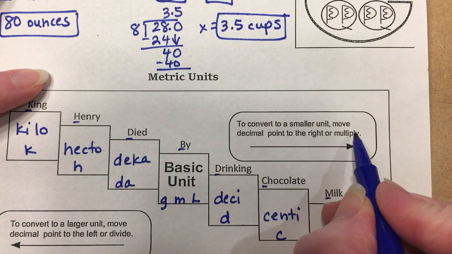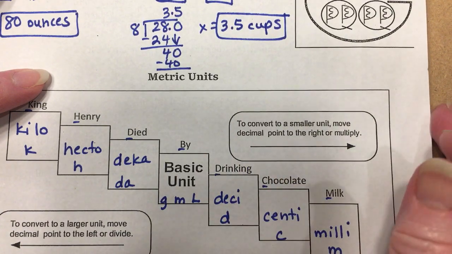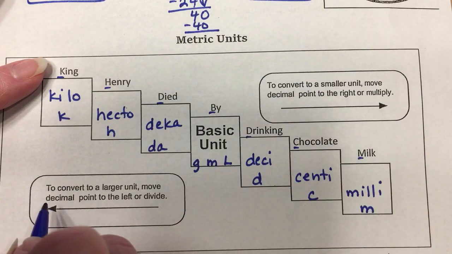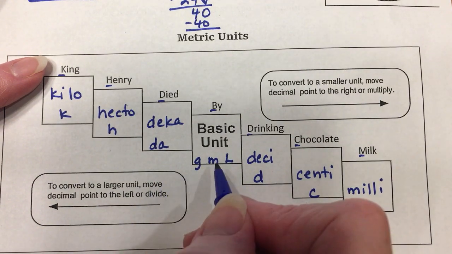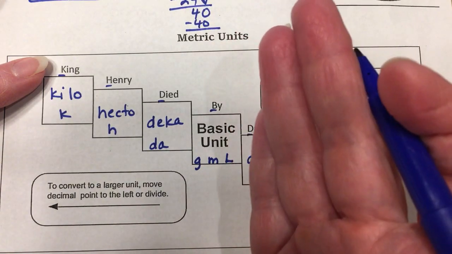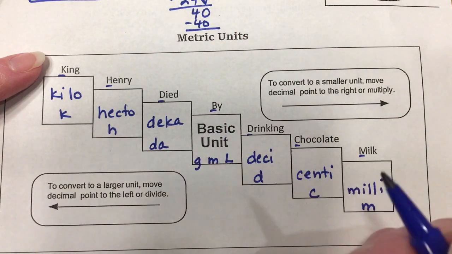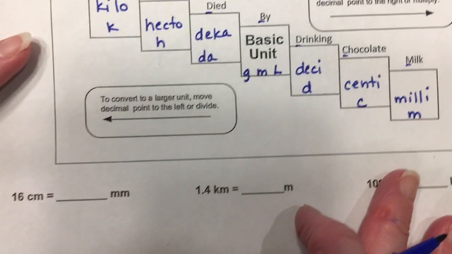If you're converting to a smaller unit, you can easily multiply by 10 by moving your decimal point to the right. And you can make a larger unit of measurement, like grams into kilograms, by just moving the decimal to the left.